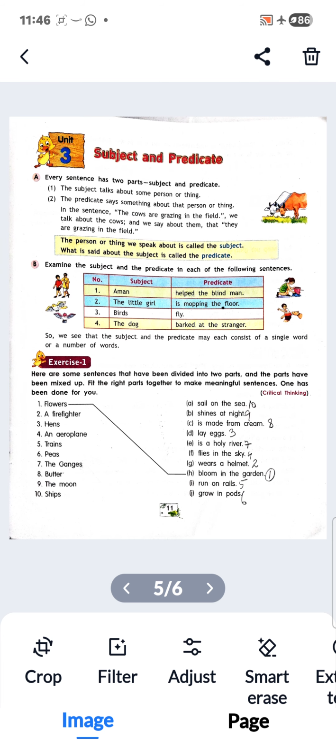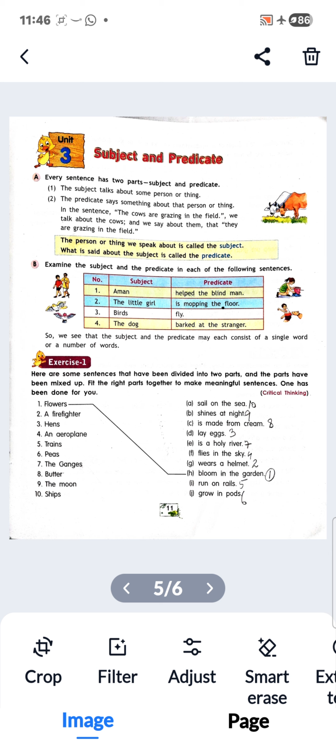Now we are coming to unit 3, that is subject and predicate. This also has sentences. So what do you mean by subject? A person or thing we speak about in a sentence is called the subject, and what is said about the subject is called the predicate. Yes.